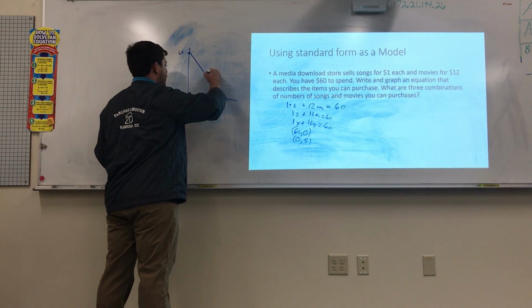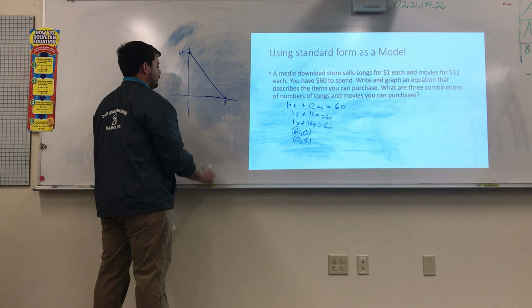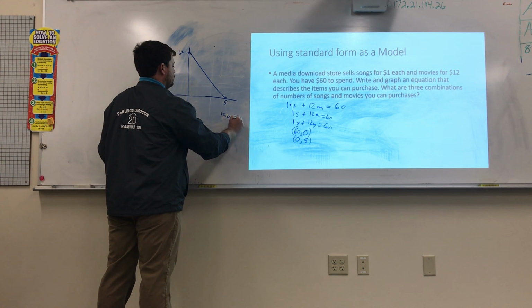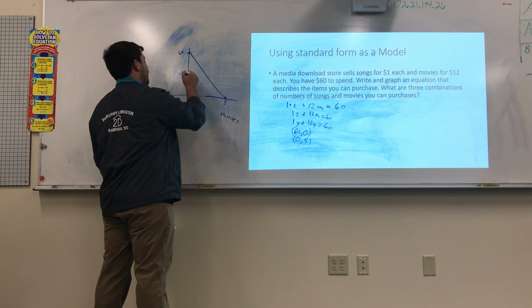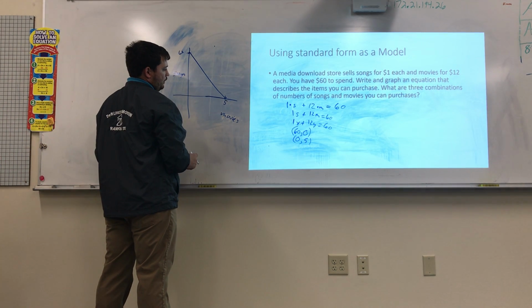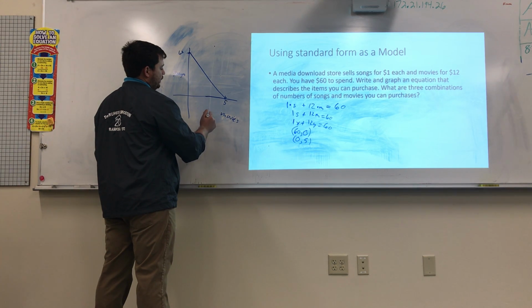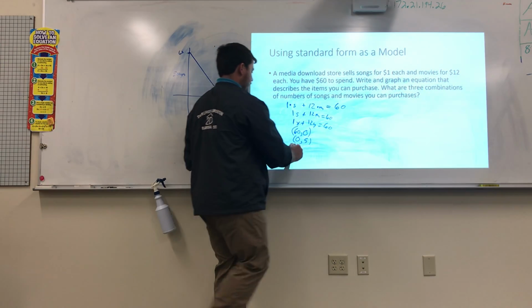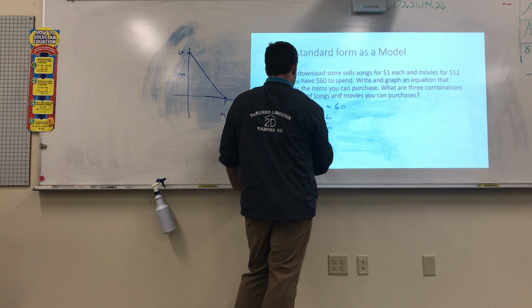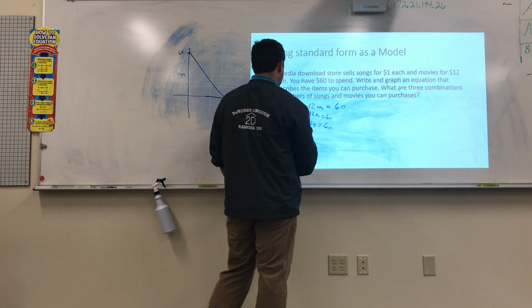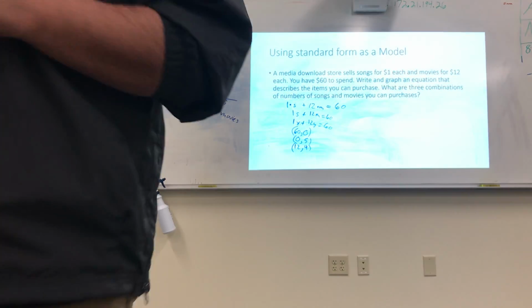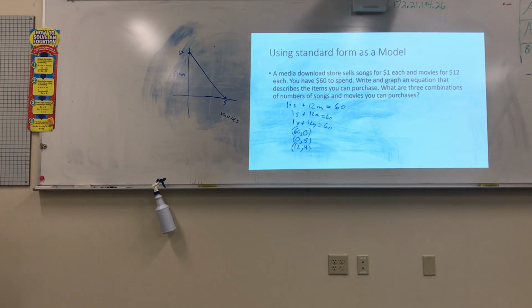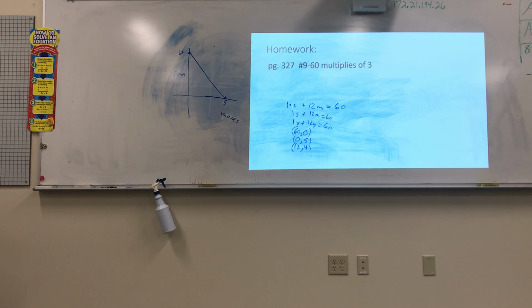So, on a graph, this would be movies, this would be songs, okay, the songs go up by 5, or 12, so we could probably have 12 songs and 4 movies. That'd be another point. Those would be 3 different combinations you could also have. There's your homework.